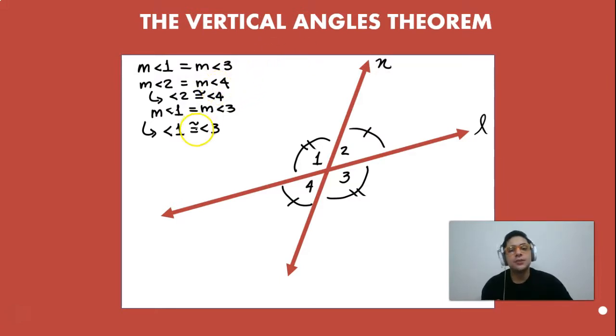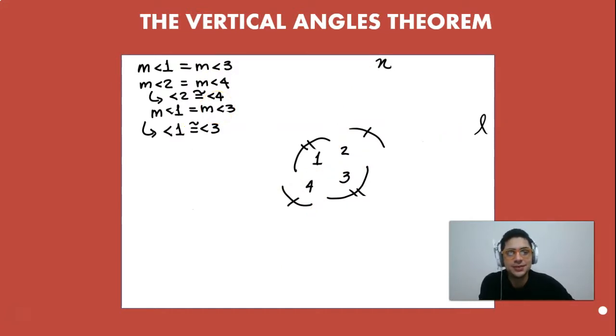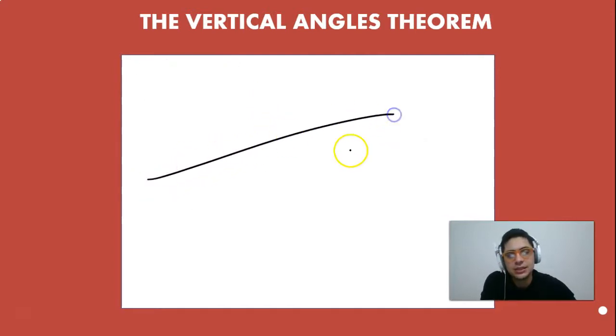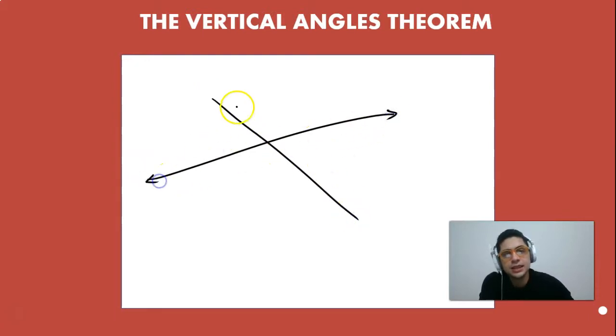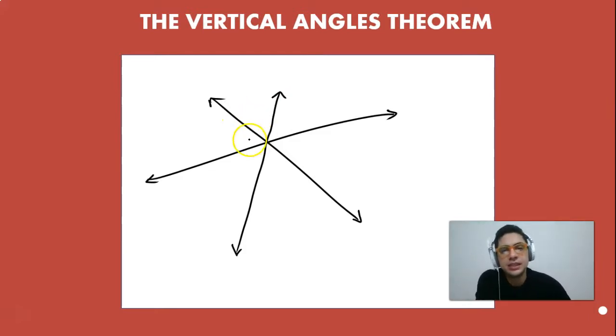Now, guys, you have to keep in mind that this happens with any type of lines that intersect each other. So if we have any other line, and we have another line that intersects it, and maybe a third line, we just have to see which lines form which angles, and we see the opposite angles.